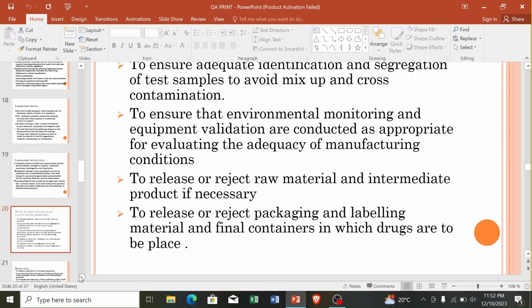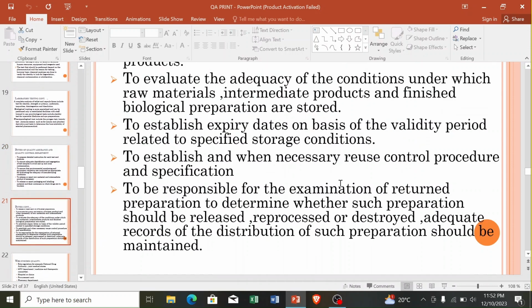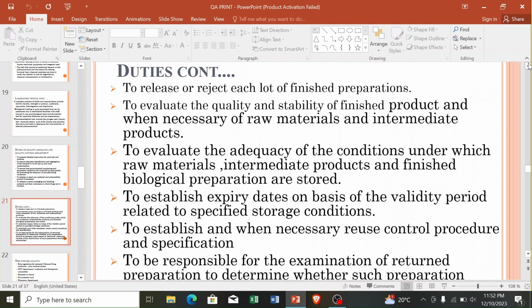So let's continue with the duties. Let's see other duties here. Other duties, we have them here, and they are telling us to release or reject each lot of finished preparations. After we have prepared medicine, we have to sample them out and carry out these different tests.